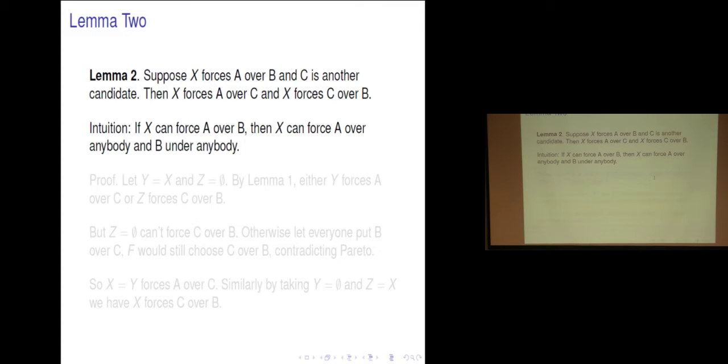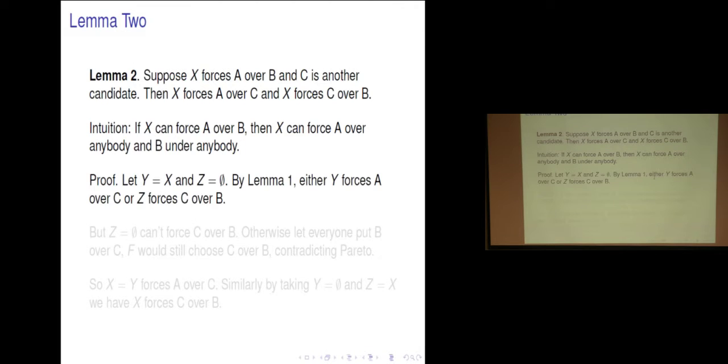Read it one more time. Suppose x forces A over B. Now give me anybody, which is C. Then x is going to force A above C. So x can force A above anyone, and also x can force B below everyone. So this is lemma 2. We understand the statement, right?